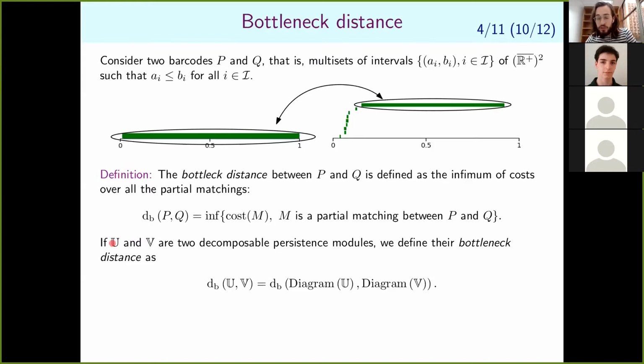Say we have two persistence modules, U and V. So we've seen yesterday that if we can decompose them into interval modules, then we can define their barcode. And simply, we will say that the bottleneck distance between U and V is the bottleneck distance between their diagrams, their barcodes.